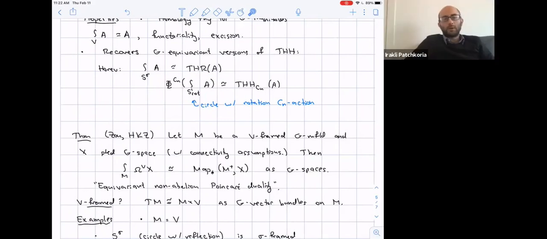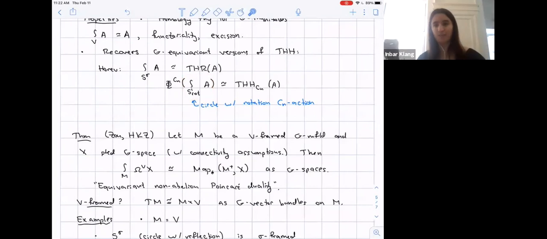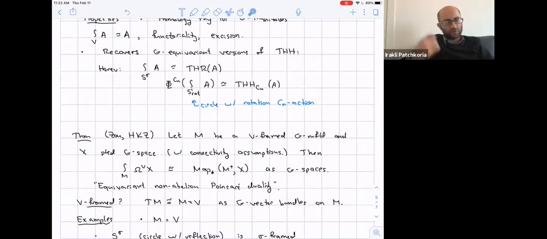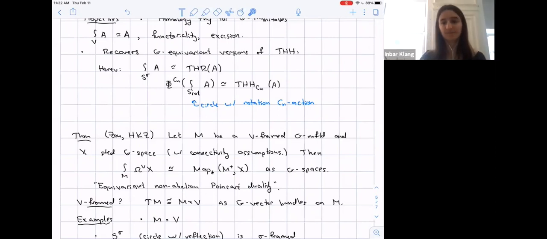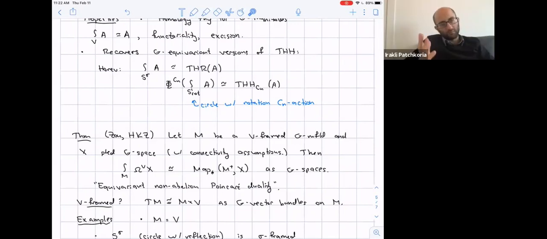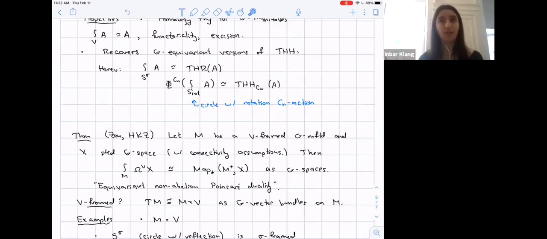So this thing is going to be equivalent to THH, but this S^1 action is intertwining the S^1 action. You're recovering those residual sort of actions. Yeah, exactly. So basically, you can also use these things for computing those kinds of THHs as well, potentially. Yeah, for sure.